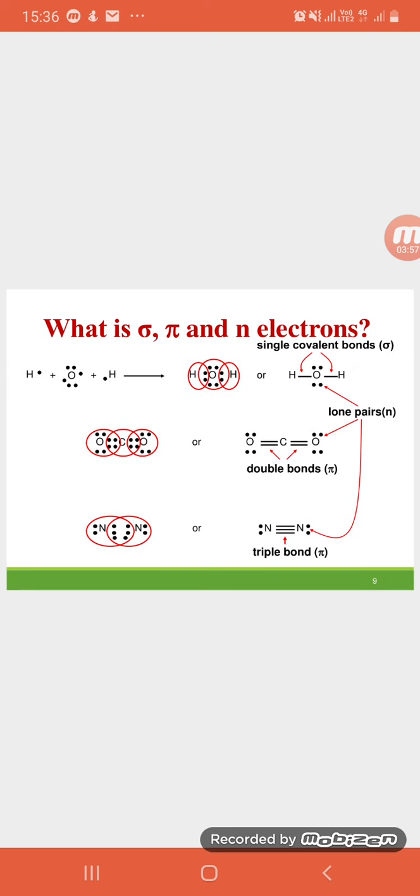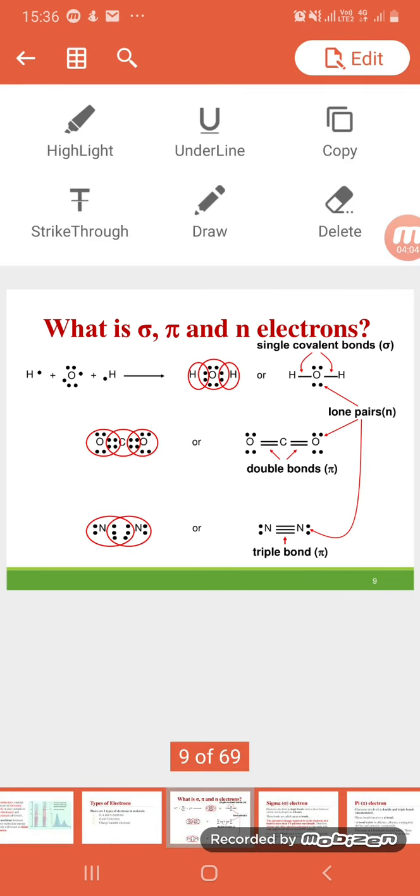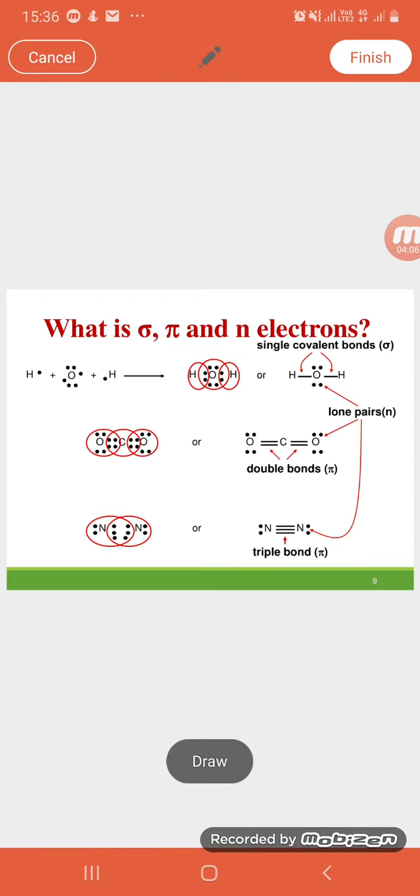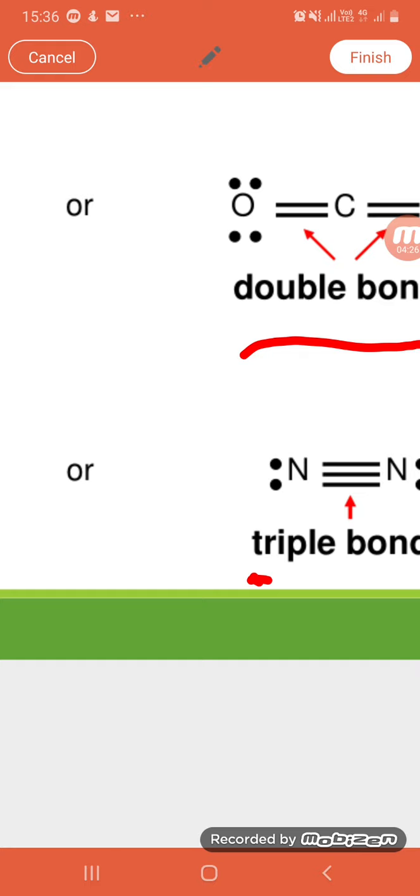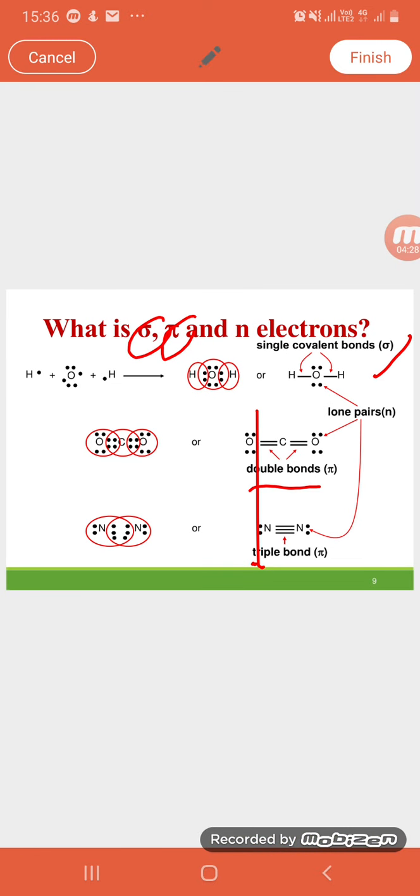Let's go to the pi, sigma, and n electron. The sigma electron here is represented by the single covalent bond. The single covalent bond is also called saturated bond. The pi bond here is represented by the double bond and also the triple bond.